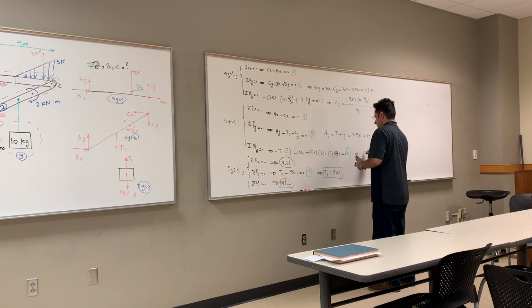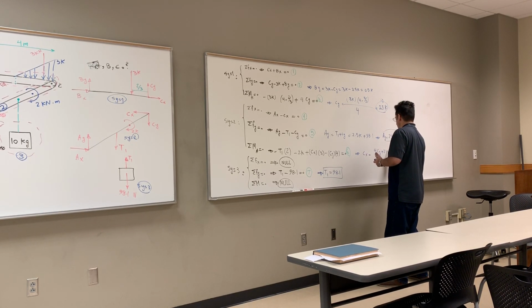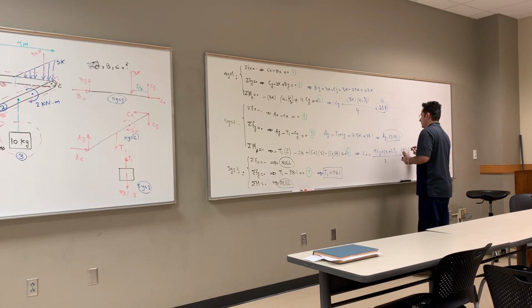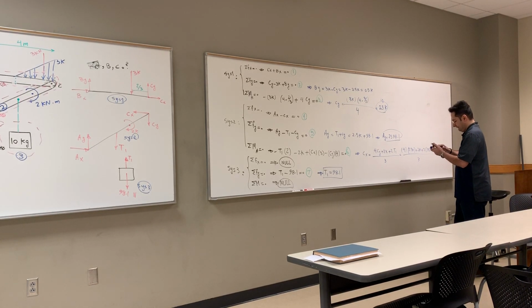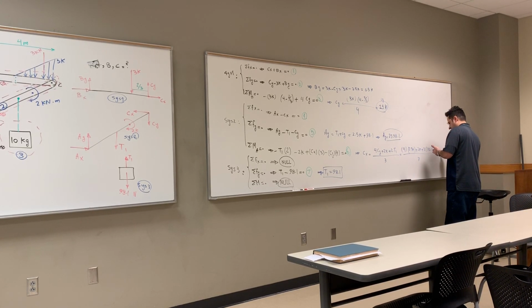So here Cx is equal to 4CY plus 2K plus 2T1 divided by 3. 4 times 2.5K plus 2K plus 2 times 98.1 divided by 3. That's going to give you 4,065.